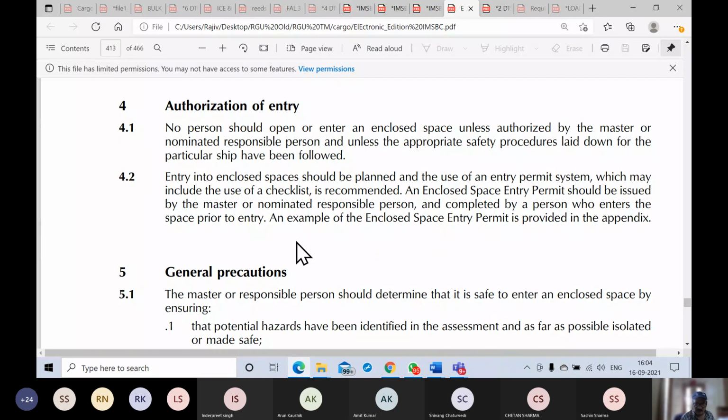There is one very interesting interaction going on, even in oral examination, which goes like this, and you may also join it. I mean, we can have ideas. Suppose you are entering an enclosed space, or somebody from your ship is entering an enclosed space. So you have a permit, you have an enclosed space entry form, which you have filled up before he enters, right?